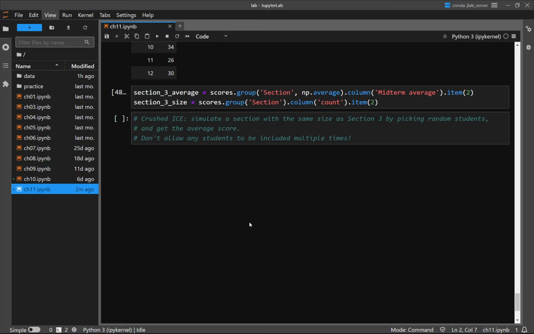Scores dot sample, and then you might have to look at the documentation for dot sample. So it takes two things. One for sure, up to two things. You're going to need both.